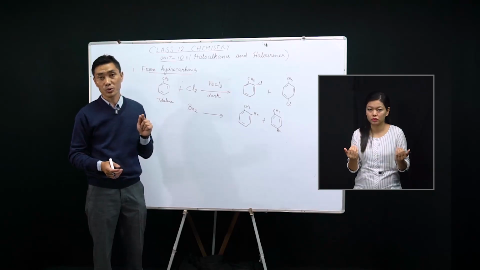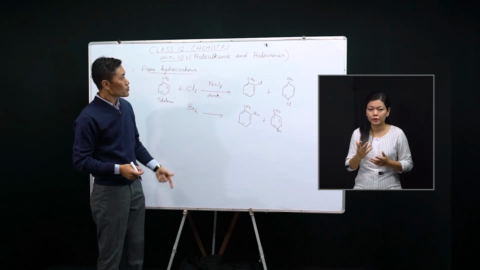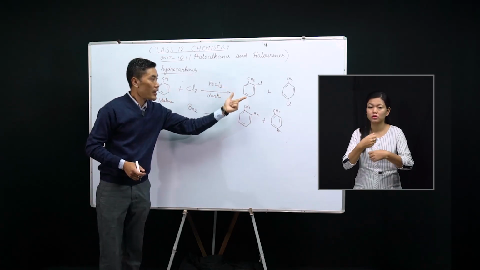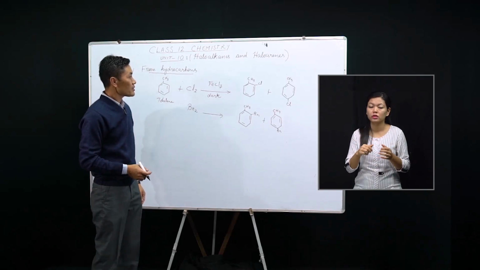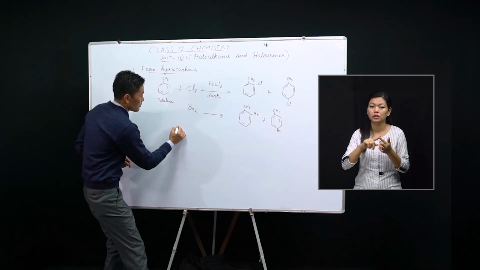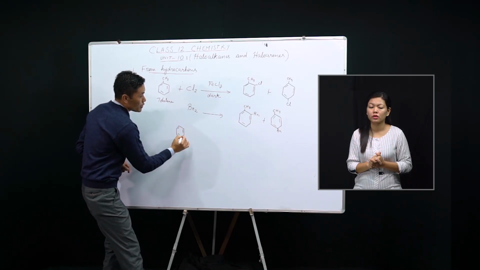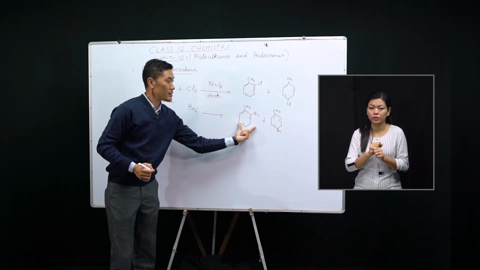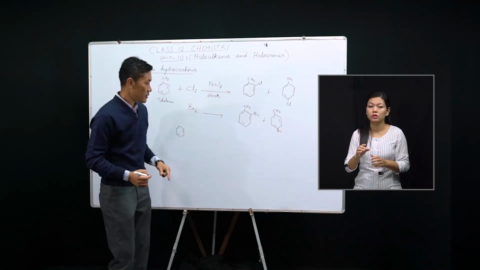The other point to remember is that using these hydrocarbons we can obtain iodoarenes also. But in the case of iodoarenes, what happens is that we get only one product, and the other product will be hydrogen iodide.